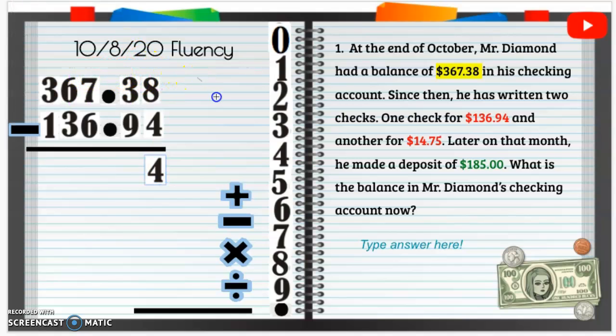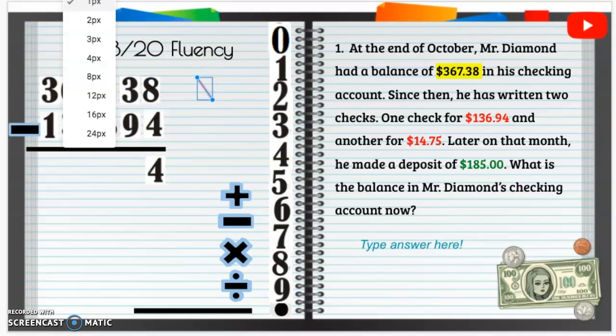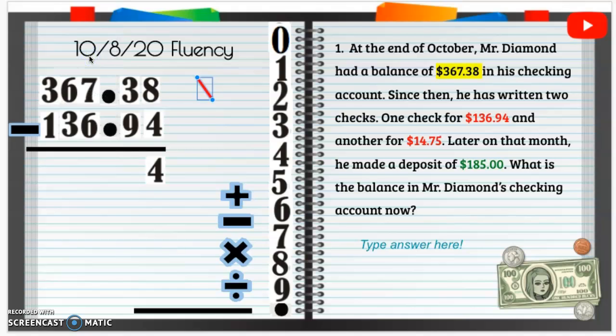So that 7 will become a 6 to be able to make this 3 a 13. Now we have 13 minus 9. So that's going to be 4 because 9, 10, 11, 12, 13. Yeah, that's 4.